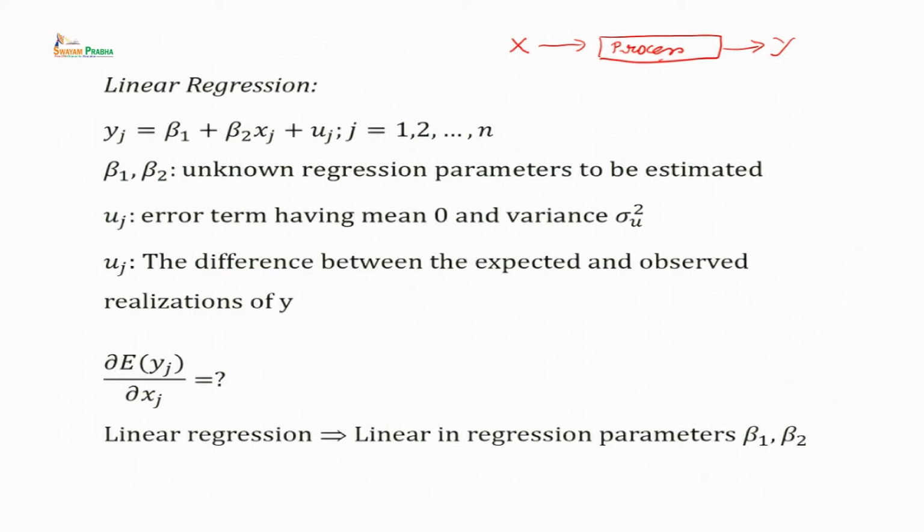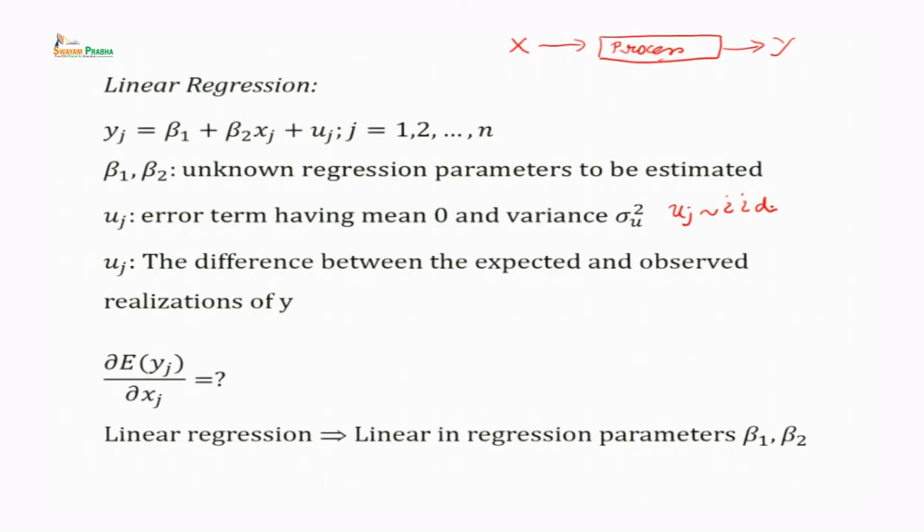We also assume that all these u j's are identically independently distributed, meaning all the u j's are from the same distribution having mean 0 and variance sigma square u. For any j not equal to j dash, u j and u j dash are independently distributed. Such a set of random variables is called identically independently distributed random variables.